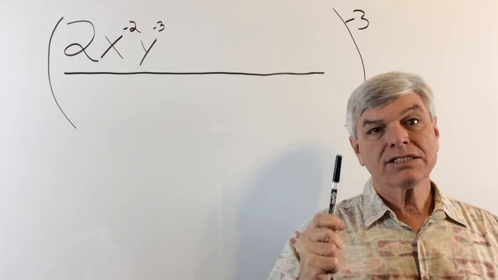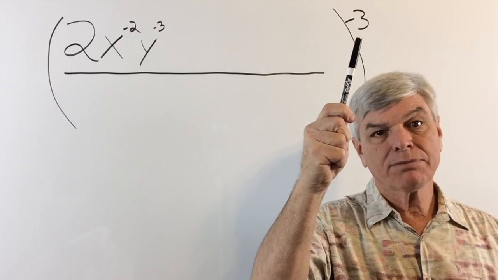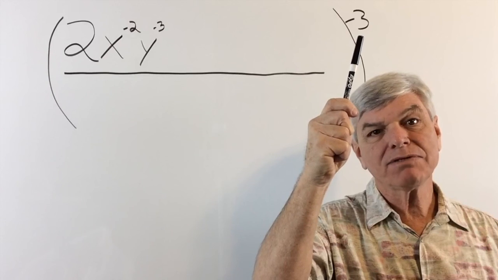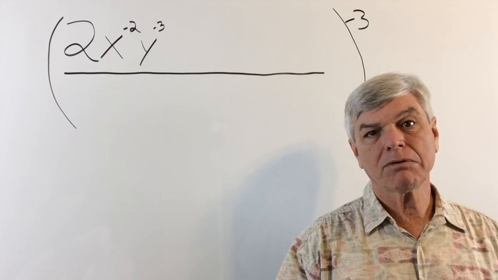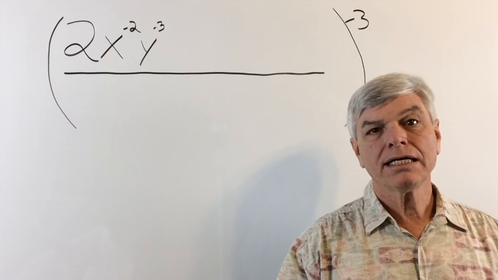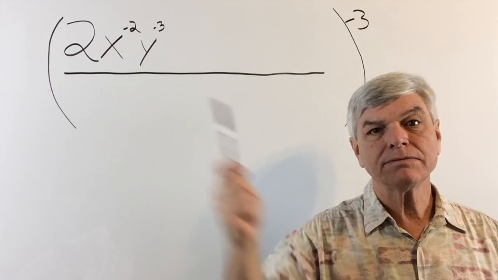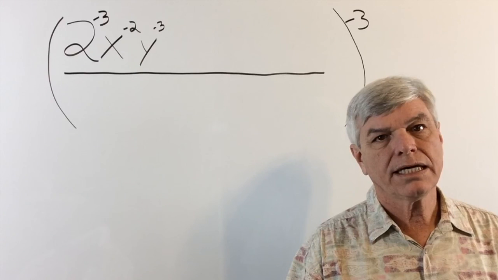And so let's apply the exponent. Now you can imagine if we tried applying that exponent earlier, that would have been a nightmare. But right now it's not that bad. Let's apply it to the 2. Good. X to the negative 3.